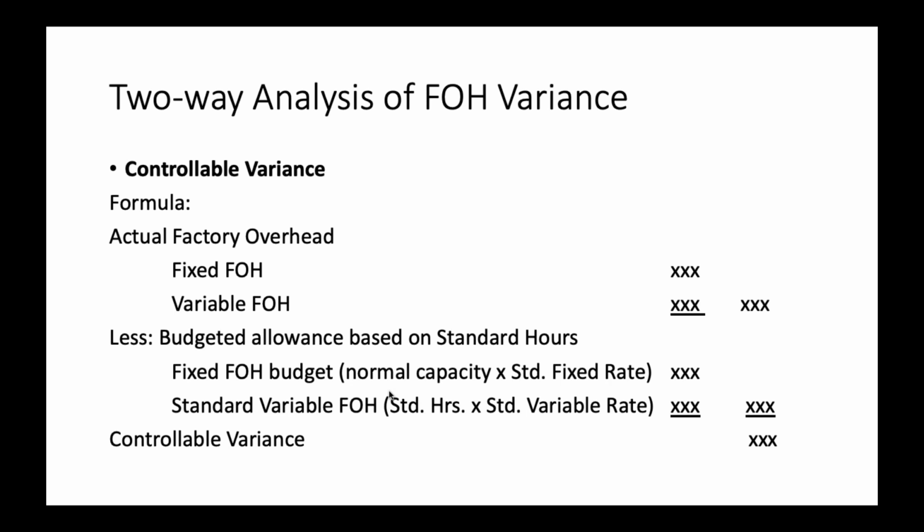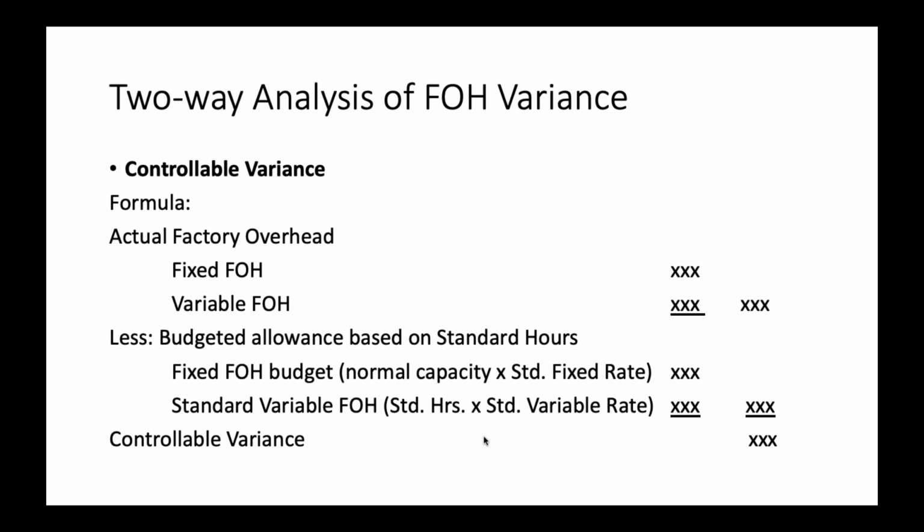Say, for example, we have a 100 square meter workstation or production area, and this 100 square meter could normally produce 20,000 units. That's the normal capacity. But standard capacity or standard hours, used for computing the standard variable factory overhead, is different from the normal capacity.